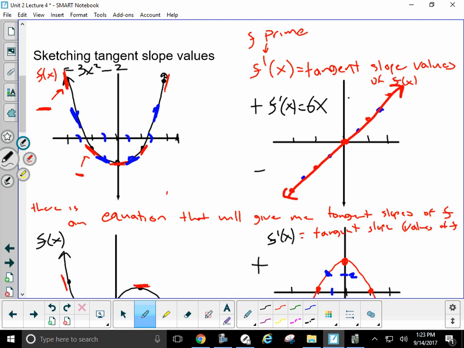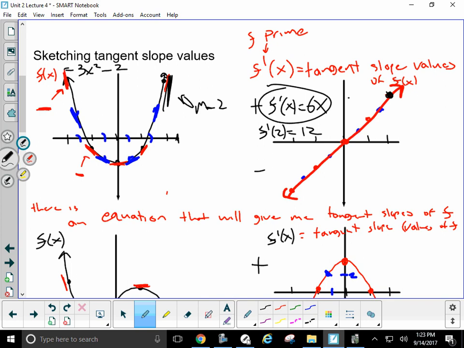Now, you'll have points on 6x. If I plugged in 2, I get 12, right? Well, guess what the slope of this at 2 is? 12. The points on this graph tell me the tangent slopes on this graph.